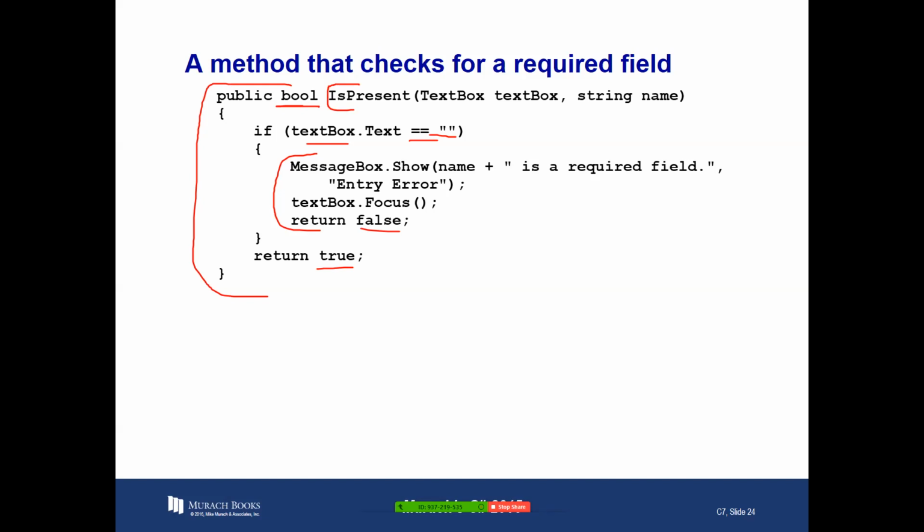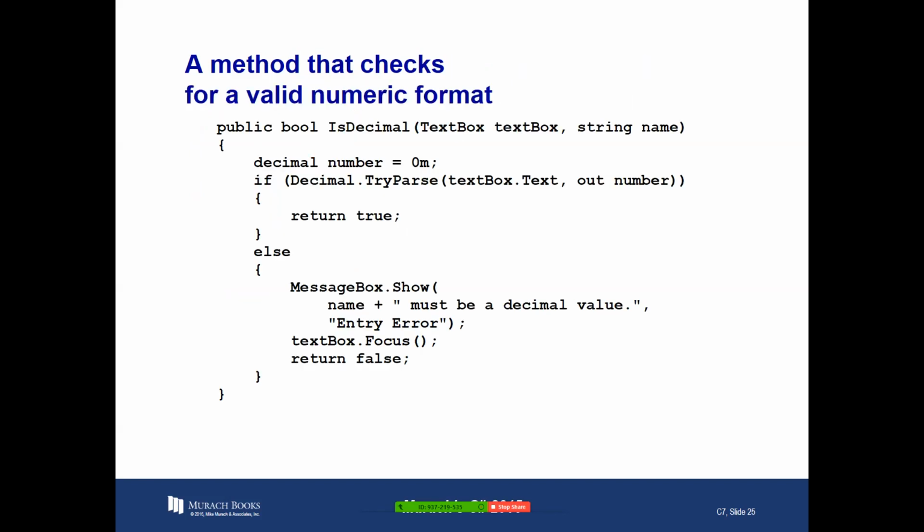See, what is this? How does this work now? Text box string name. What does the name do? Okay, all we're doing is we're passing in the name of the variable, and it's just the code.